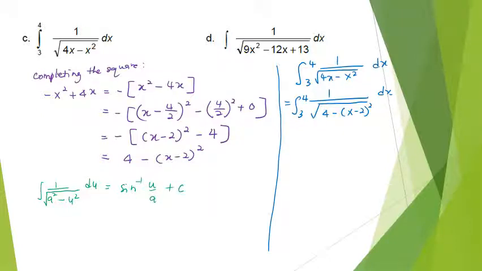So kita akan guna yang ni. Okay, tengok bentuk yang dalam ni yang mana. Okay, so kita akan dapat sin inverse u over a plus c. So what is our a? A square equal to 4.